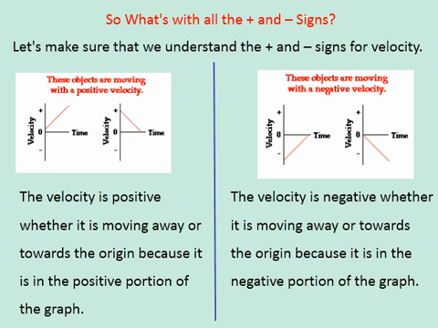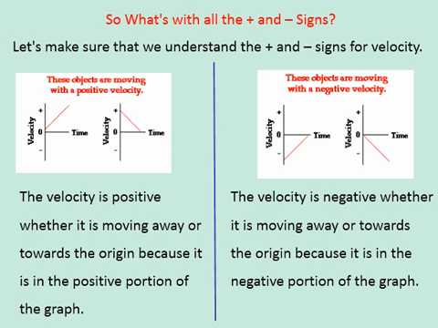So in order to really understand the direction of acceleration and what it means to our velocity, we have to make sure we understand all these positive and negative signs. So first, let's look at the signs for velocity. Velocity is considered positive whether it's moving away or towards the origin if it is in the positive portion of the velocity versus time graph.